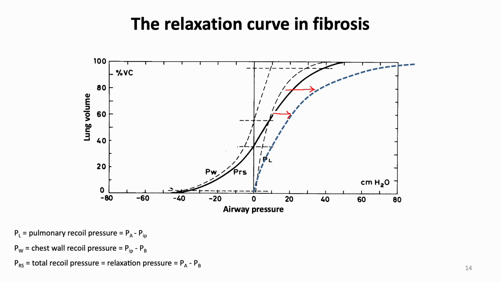So again, assuming that there are no changes in the recoil pressure or the compliance of the chest wall, what then happens to the relaxation pressure and thus the compliance and volume of the respiratory system as a whole?